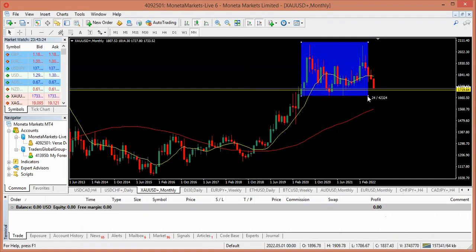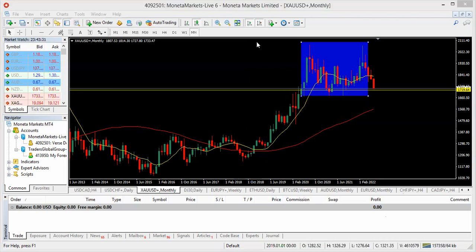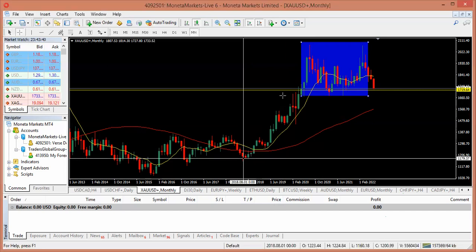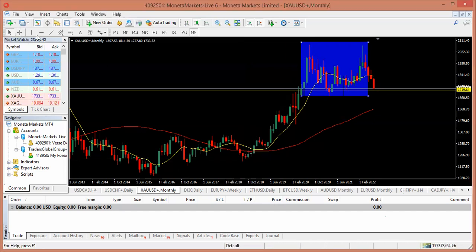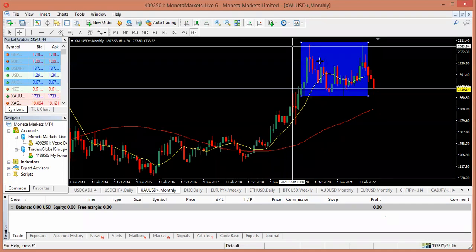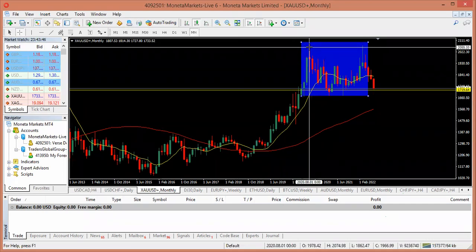Within this rectangle, this is a ranging trend or a consolidating trend. Within that rectangle, price is not going up clearly like it did in the previous place. It's not going like this. Neither is price going straight down like this.